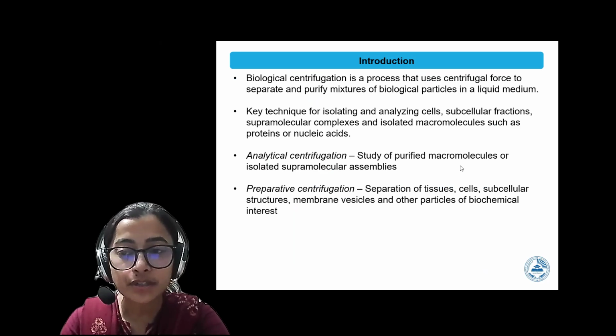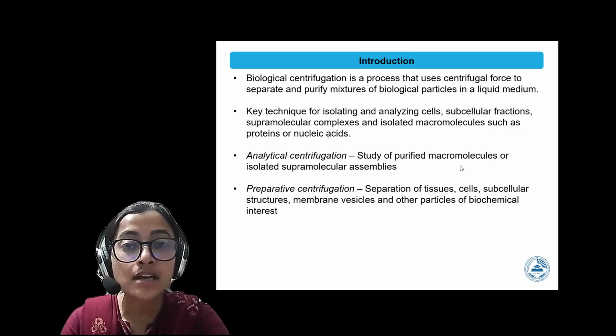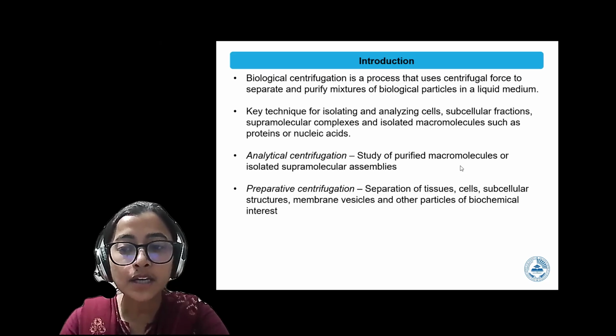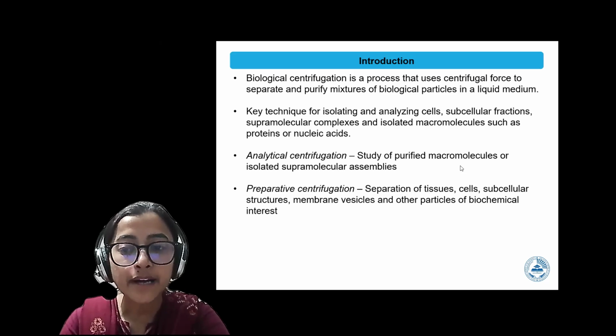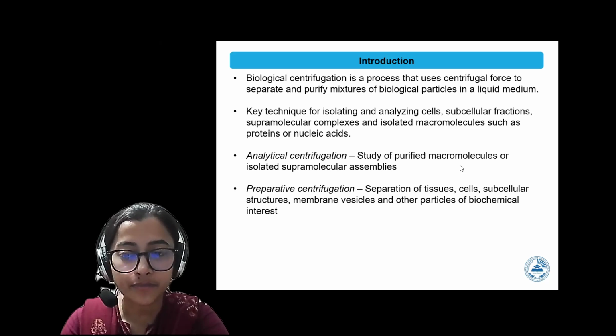Biological centrifugation is a process that uses centrifugal force to separate and purify mixtures of biological particles suspended in a liquid medium. This technique is essential for isolating and analyzing cells, subcellular components like nuclei and mitochondria, and macromolecules such as proteins and nucleic acids.